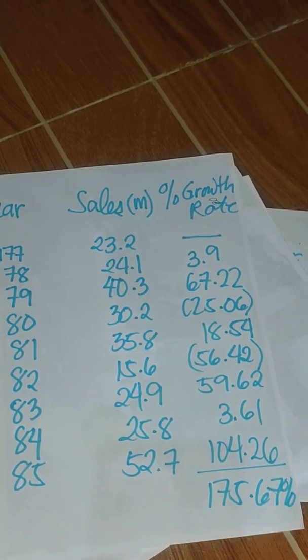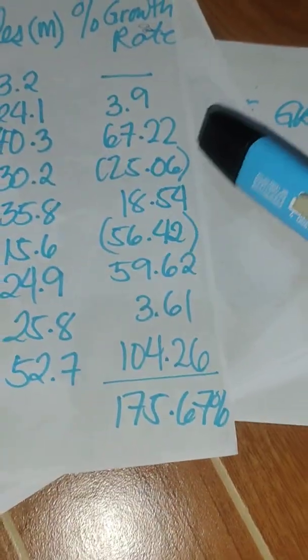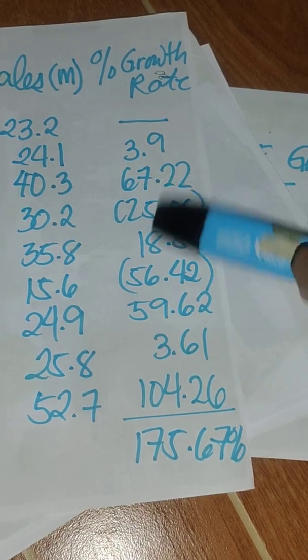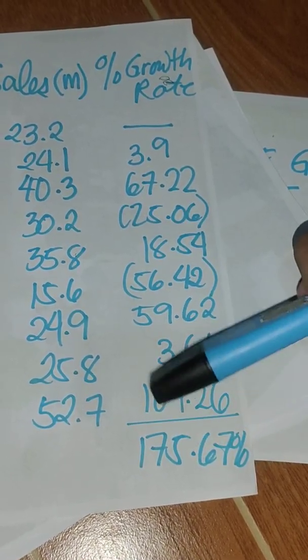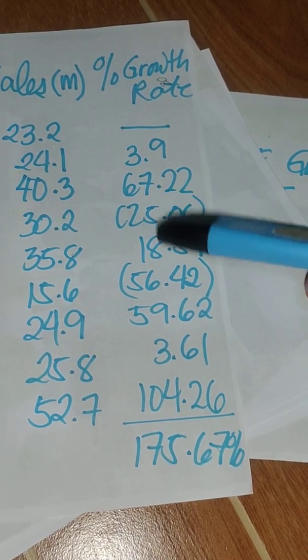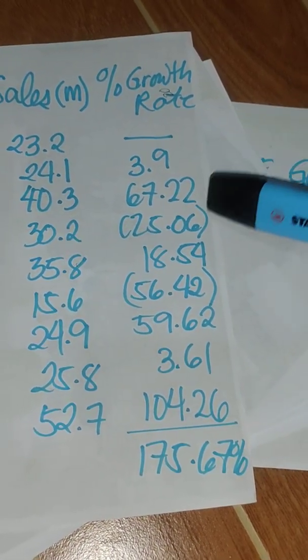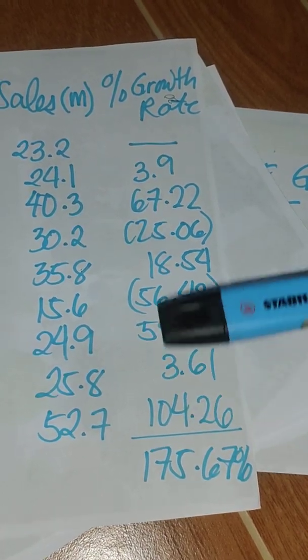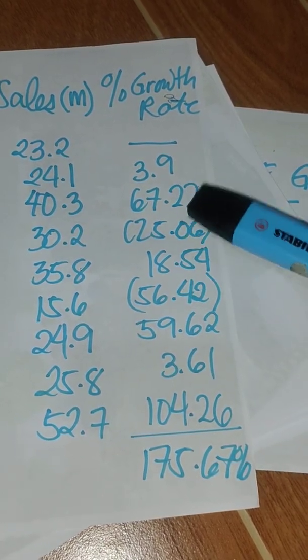So how do we find the total growth rate? So the total growth rate is that you need to add kini siya, imo ni i-add, but take note, dili nimo i-add ang 56.42 and 25.06. Why? Because in decrease ni siya, so i-plus ni ninyo tanan, then i-minus ni ang duha.